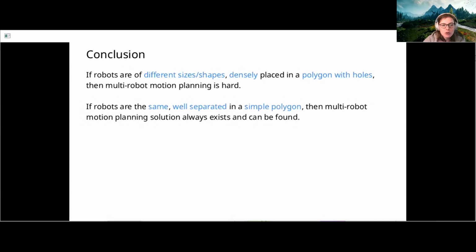But if the robots are all the same, nicely shaped, well separated, and in a simple polygon, then we can check if there is always a solution, and we can find it. And exploring this area in between these two cases is the remainder of what needs to be done to completely explore the area of multi-robot motion planning.